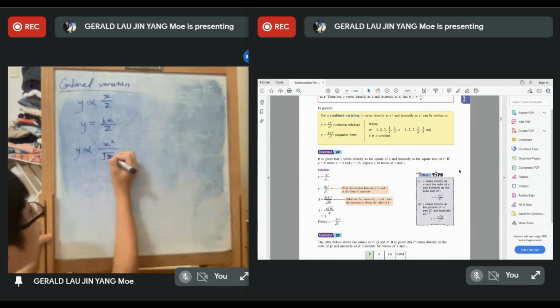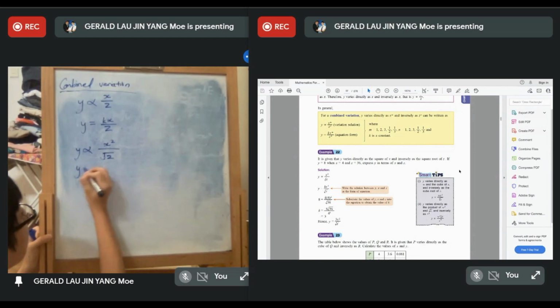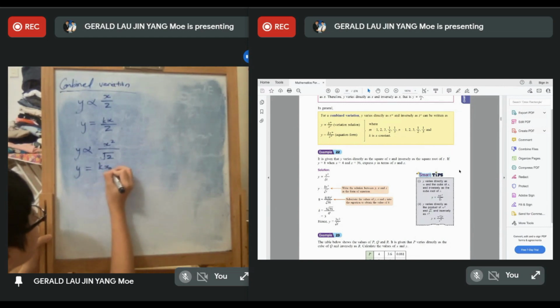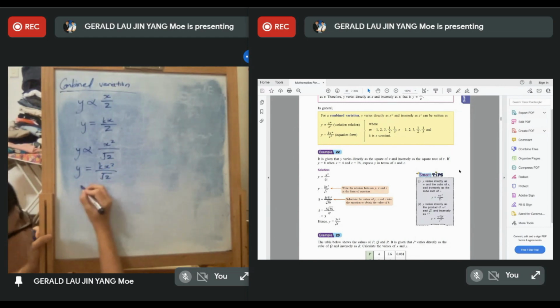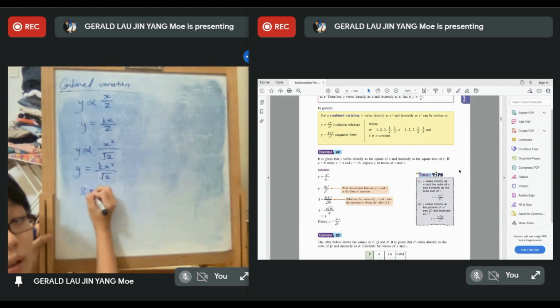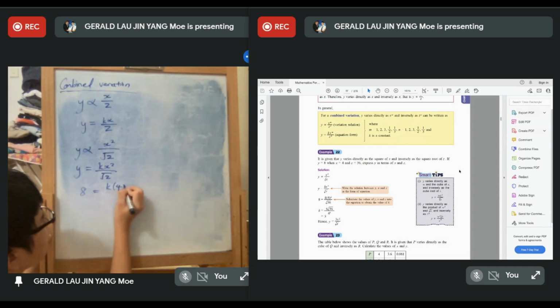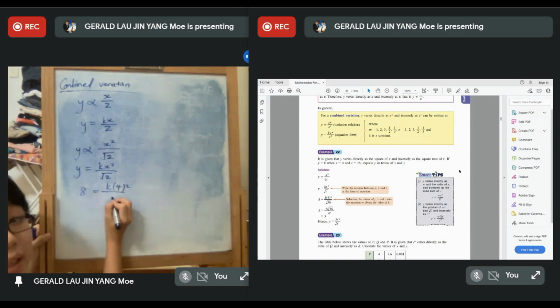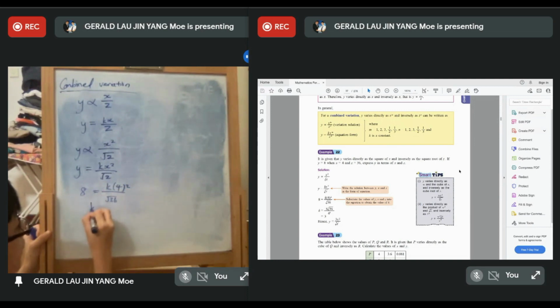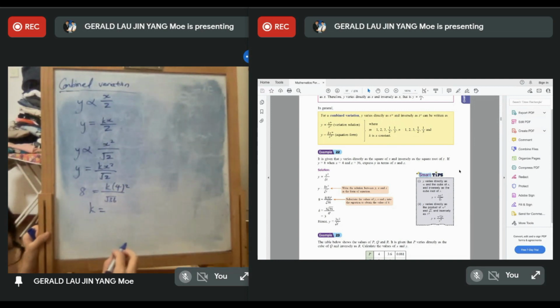So you write the equation form first: y equals kx squared over square root z. When y is 8, x is 4, and z is 36, you want to find the constant. The k you get is 3. So you express y equals 3x squared over square root z.